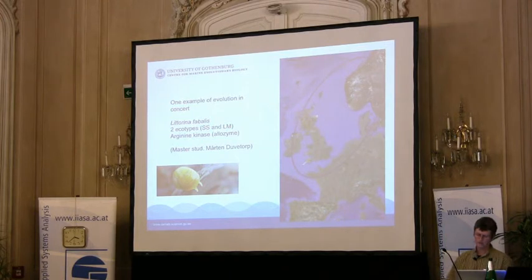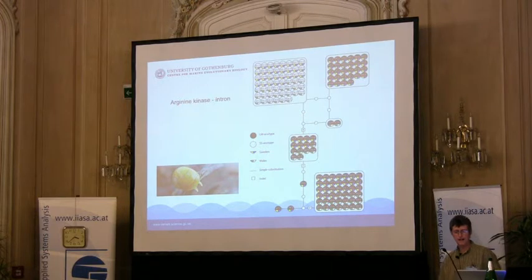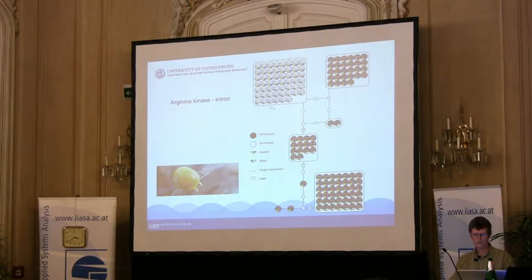Now I had a master student who sequenced these alleles, and first he sequenced the introns. Here he used samples from Sweden, flagged in blue and yellow like the Swedish flag, and then samples from Wales. I think this has something to do with a football team in Wales, or it might be the flag, with green and white colors.